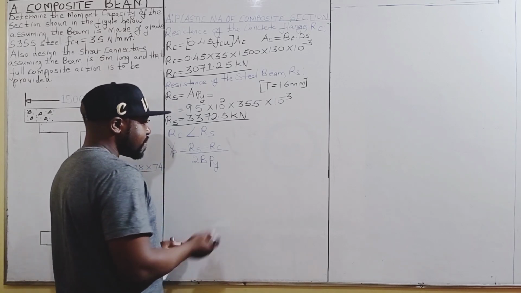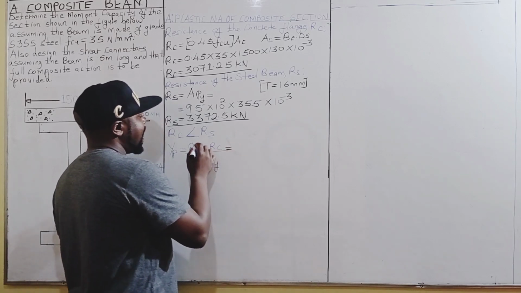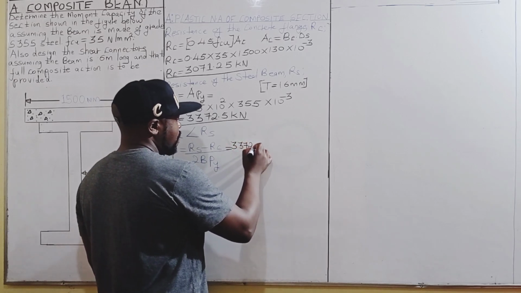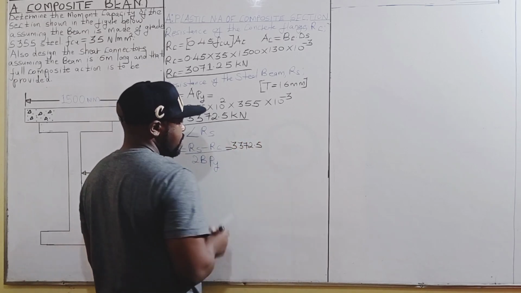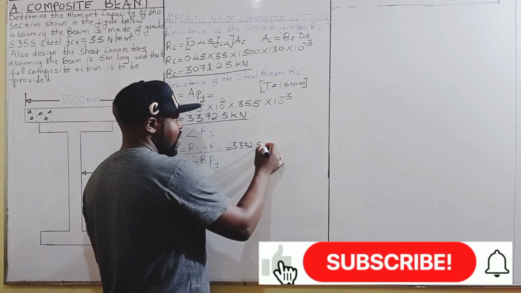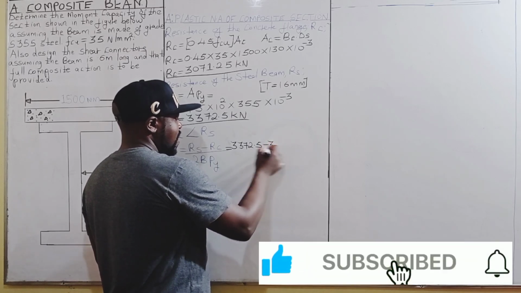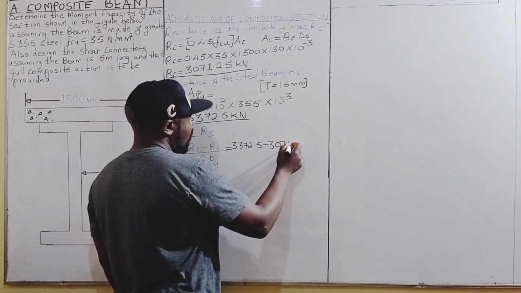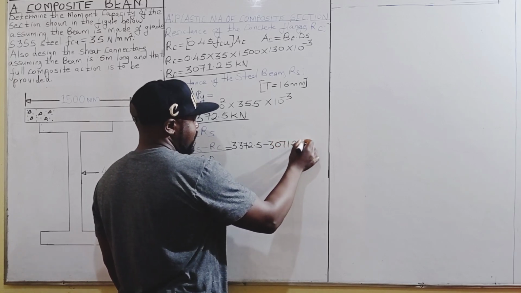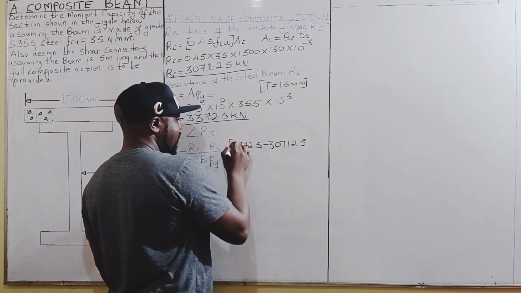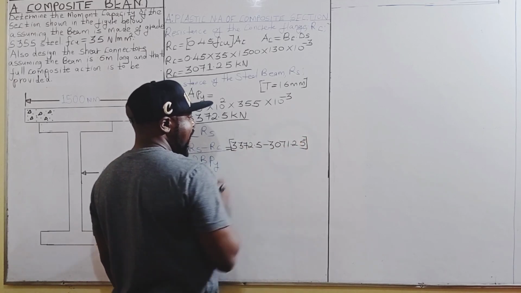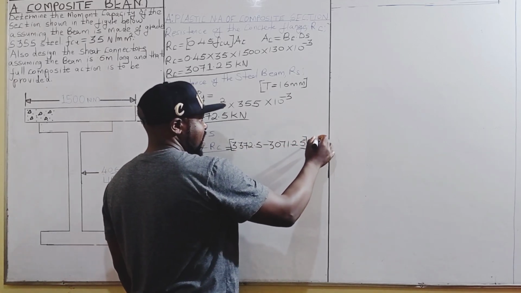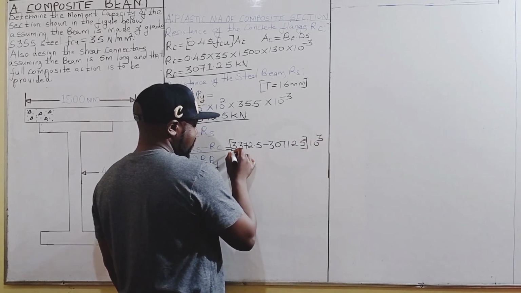This will give us RS, which is 3372.5 kilonewtons, minus RC, 3071.25 kilonewtons. We convert them to newtons by multiplying by 10 raised to the power of 3.